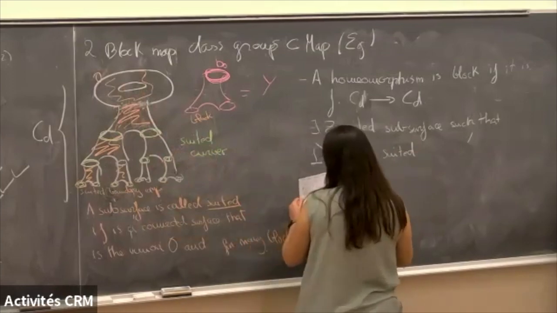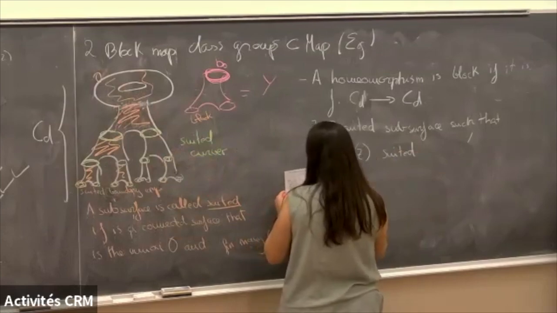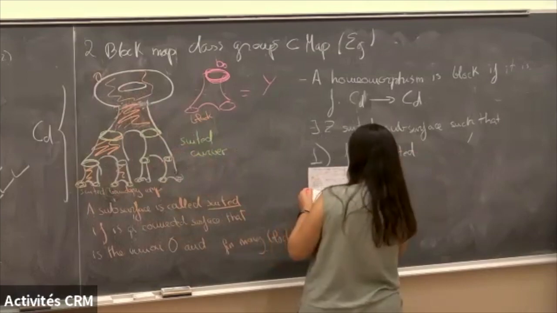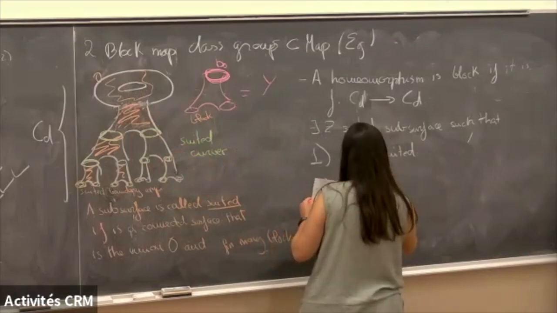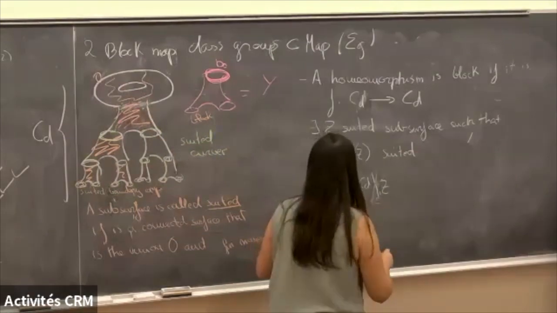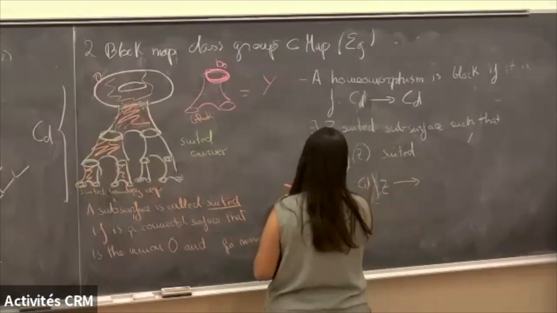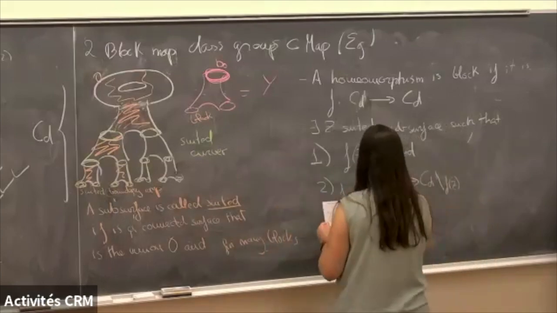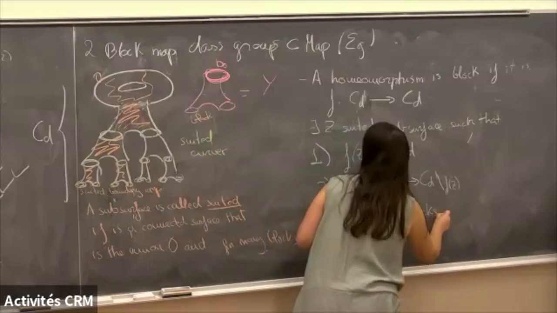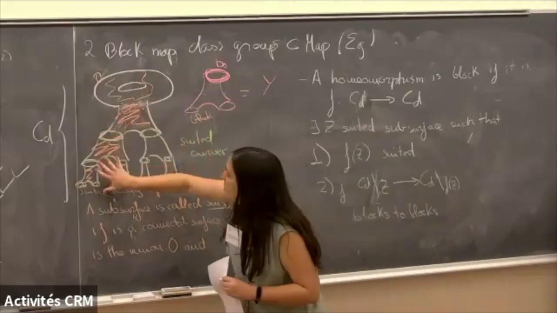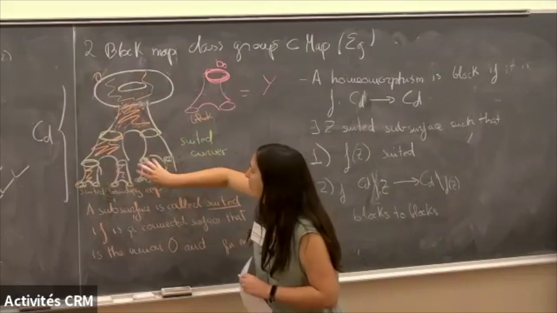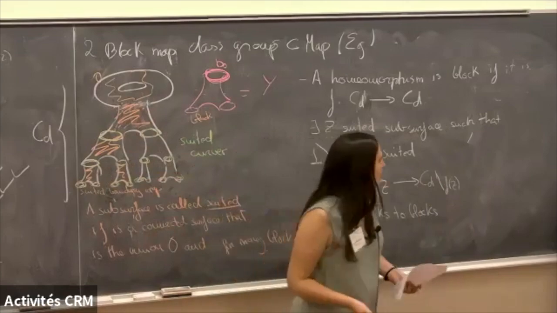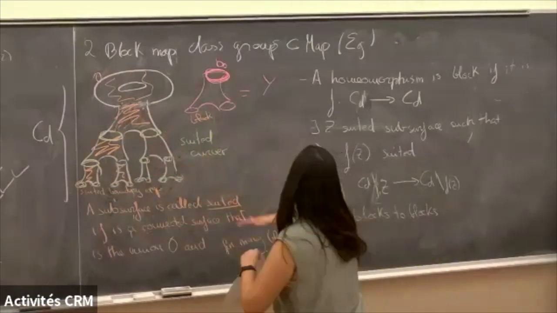Second, if you take out the suited surface and you restrict to that, it sends blocks to blocks. So it sends something suited to something suited, and then for the rest, a block goes to a block. That's why it's a block homeomorphism.